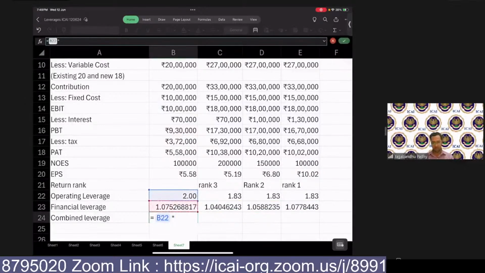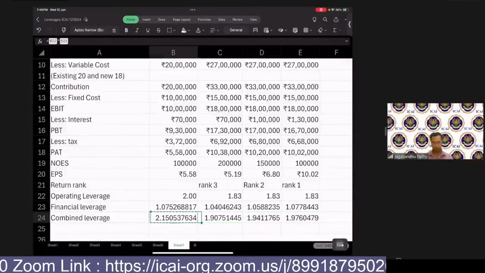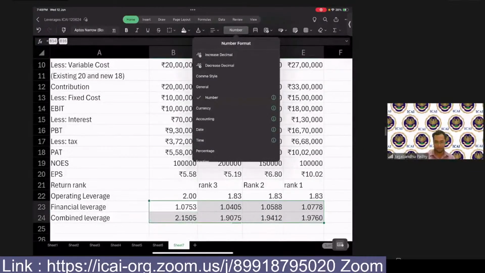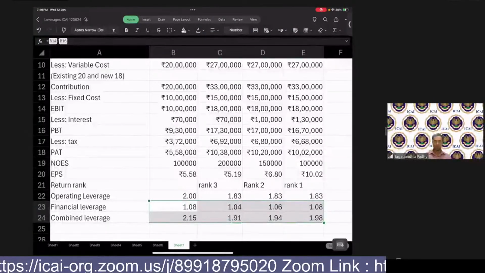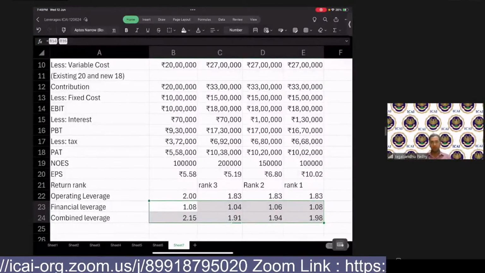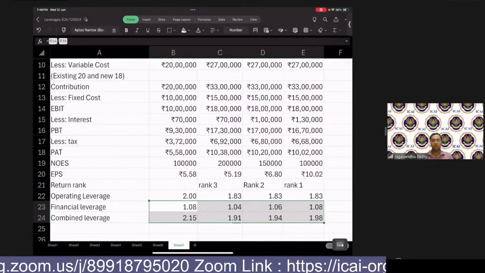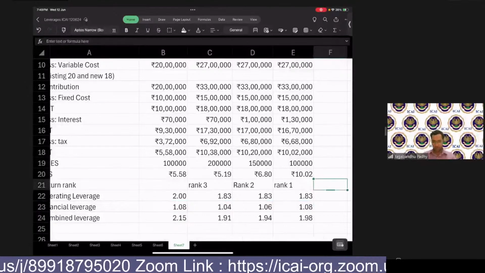Combined leverage will be a multiplication of the two, right? Just check if you're getting these numbers.